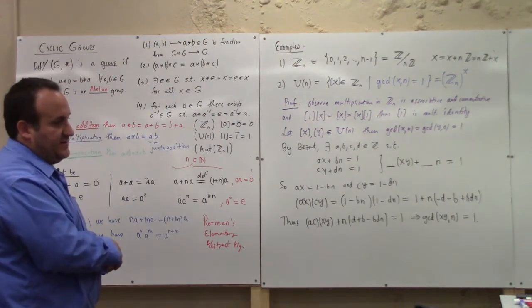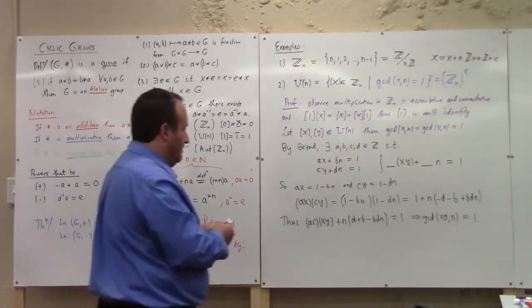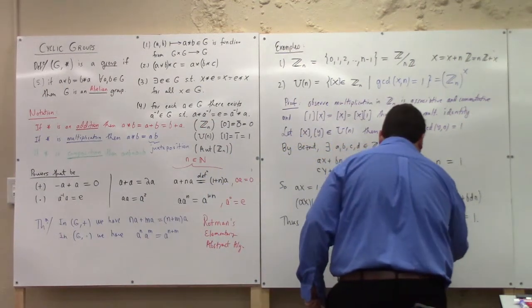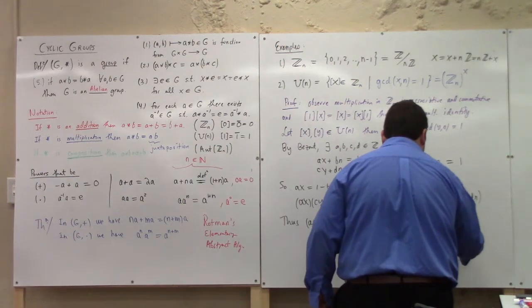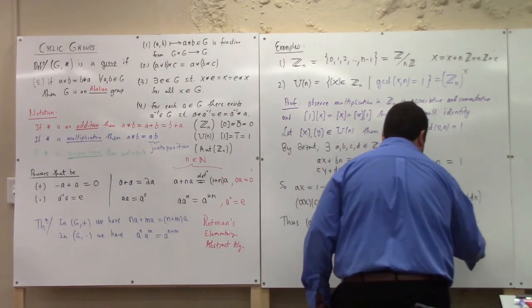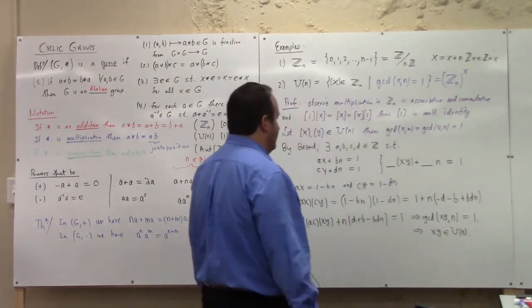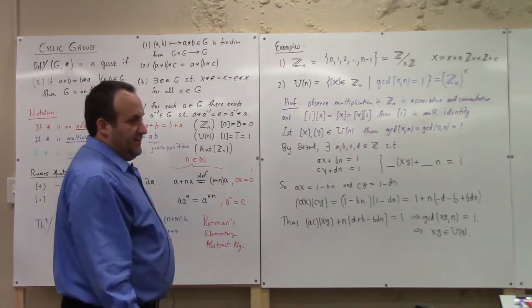So what does that show? Well, that shows that xy is an element of Un, because it satisfies the defining condition. So that proves closure.